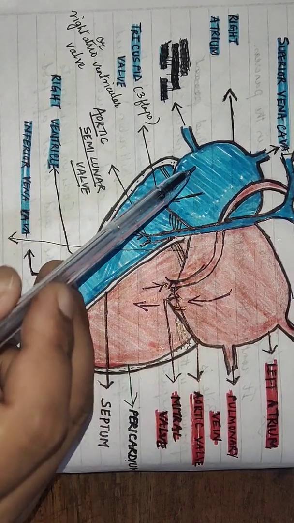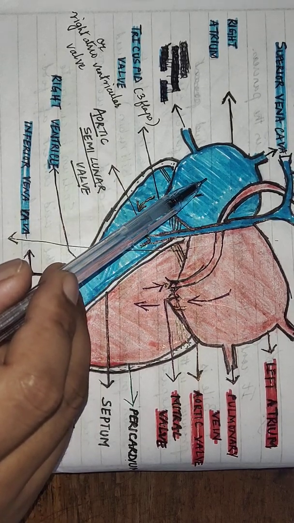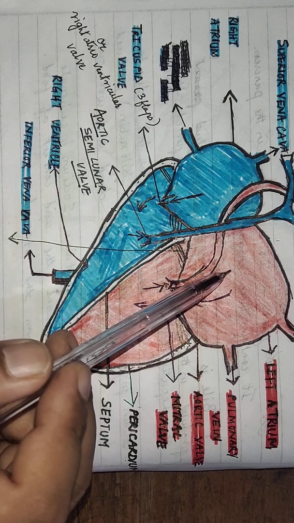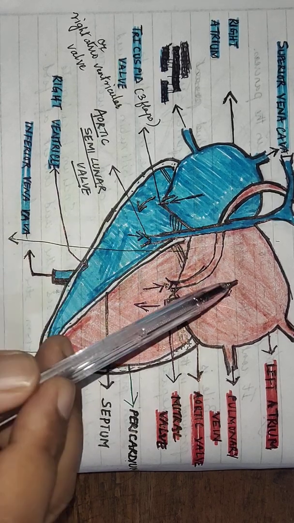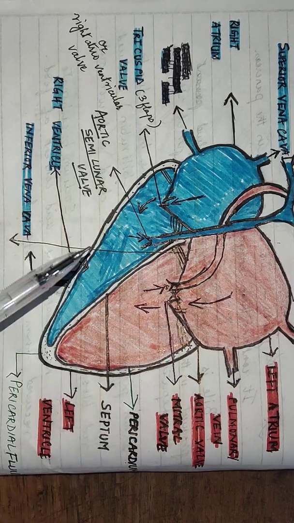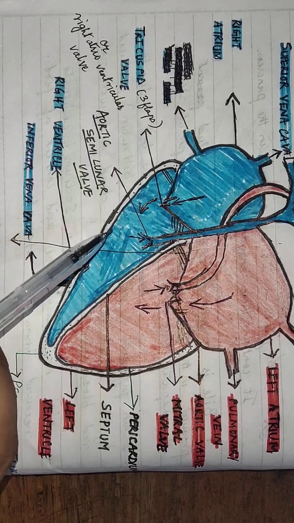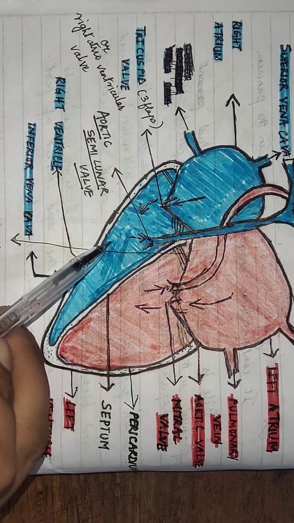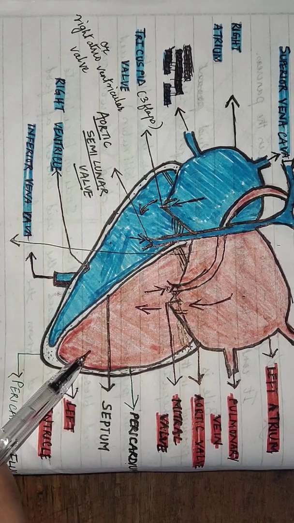The heart has 4 chambers. Two auricles or atria: this is the right auricle marked in blue, and the left auricle marked in red. And 2 ventricles: the right ventricle and the left ventricle over here.